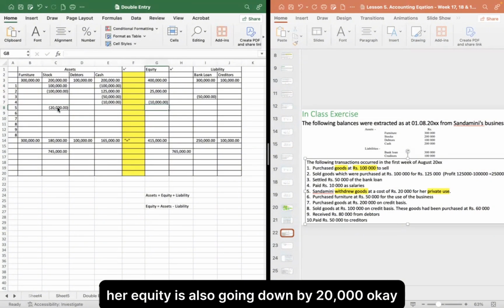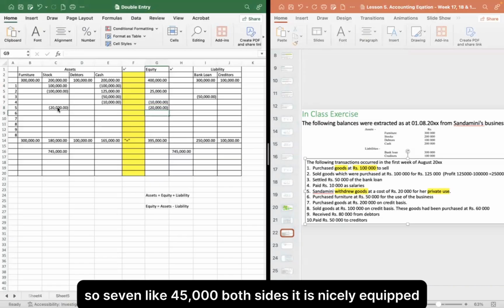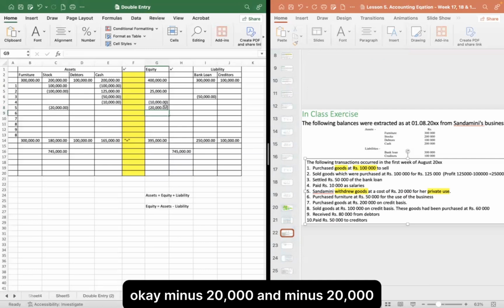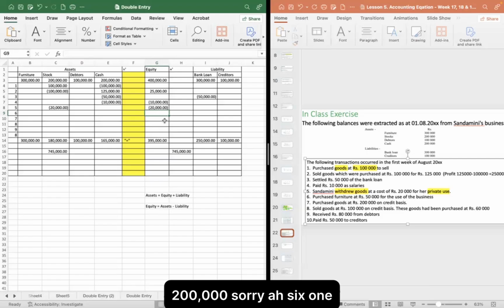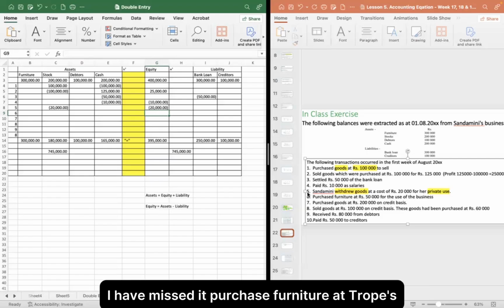Meantime, her equity is also going down by 20,000. Okay, so 7,45,000 both sides. It is nicely equated. Minus 20,000 and minus 20,000.